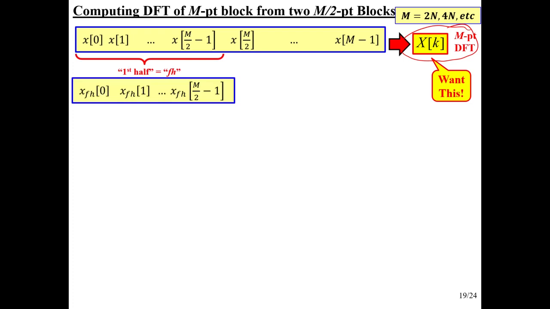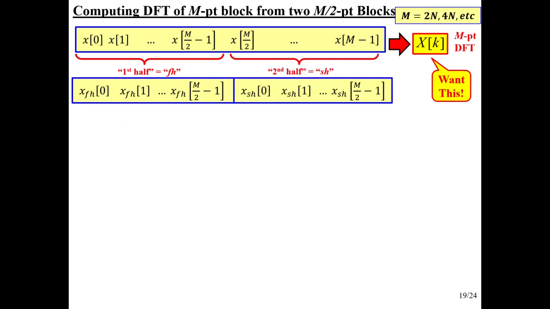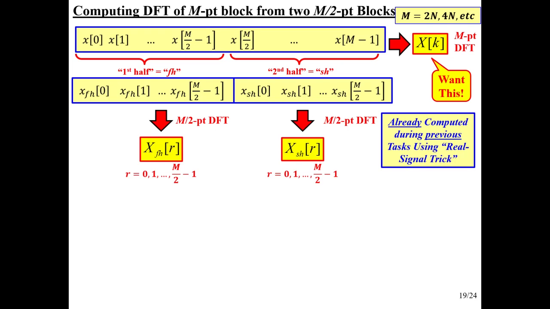But now suppose we take the first half of our signal, I just denote it with a subscript of FH for first half, and the second half of the signal, and imagine taking the M over 2 point DFT of each of those, and just call those that. Now, these have already been computed because we've already completed the tasks that needed those.